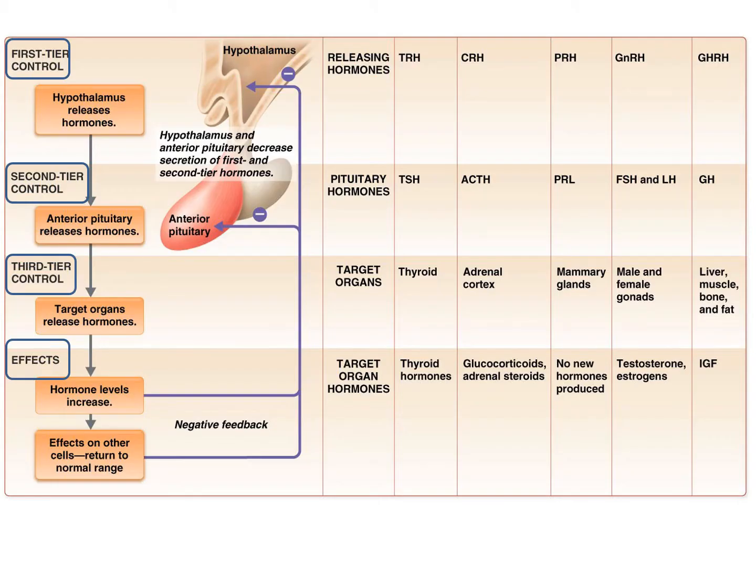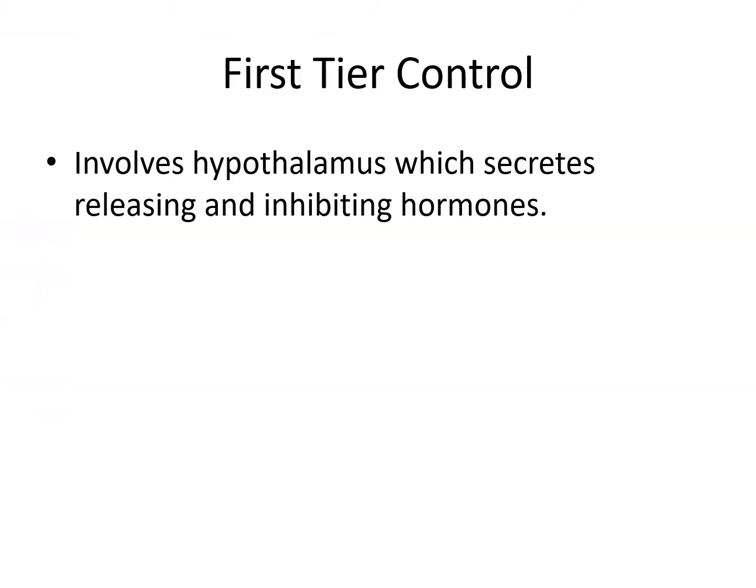Okay, so here in this table showing you the first tier control at the level of hypothalamus, second tier control at the level of the anterior pituitary, third tier control is at the target organs, and then we have the effects from these hormones. And we'll discuss each of these hormones and how their negative feedback mechanisms go back to the pituitary and hypothalamus.